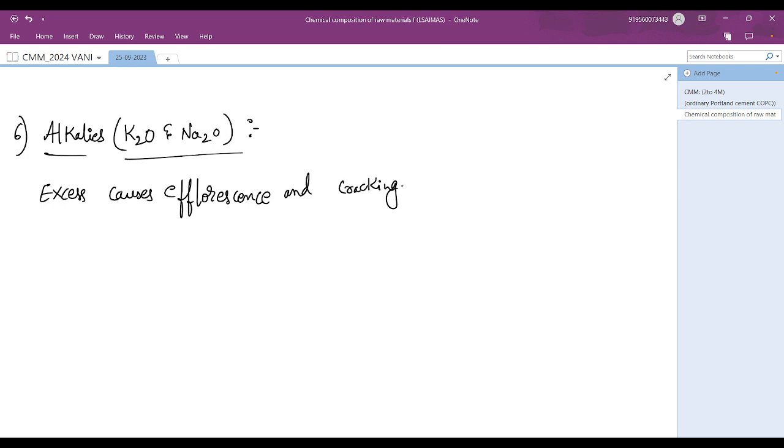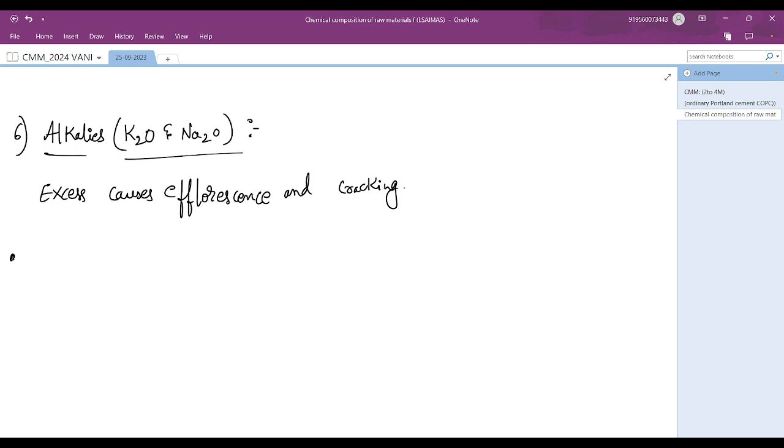Now, what is meant by efflorescence? Let us try to understand. The alkalis present in the cement do no harm if they are in dissolved form in water.